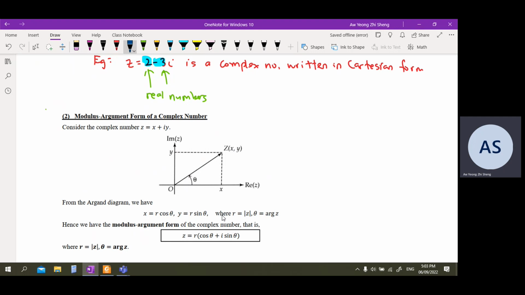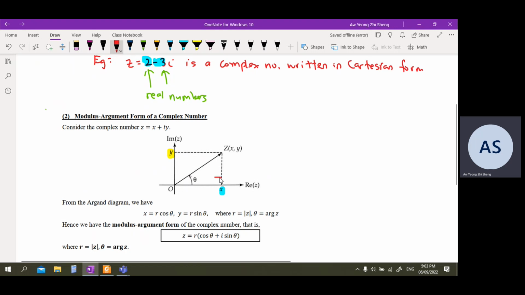From the Argand diagram, the blue number here must be x, and the yellow number there must be y. Here x and y must both be positive because point Z is in the first quadrant.